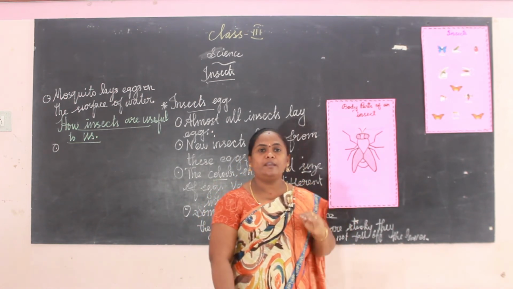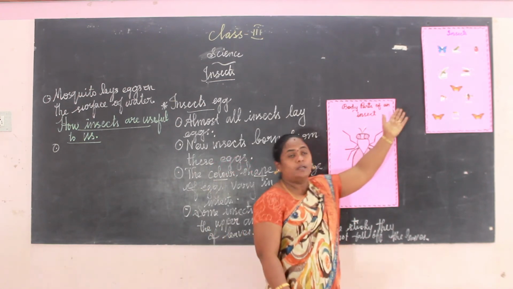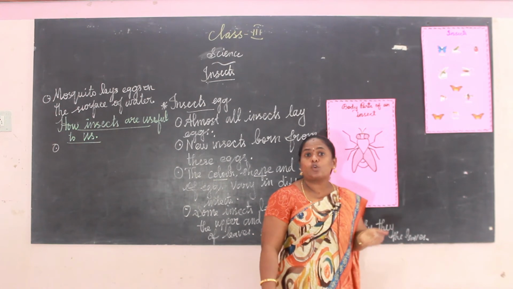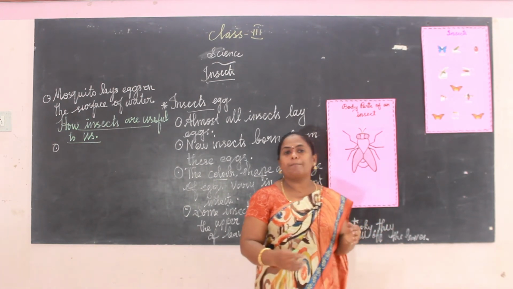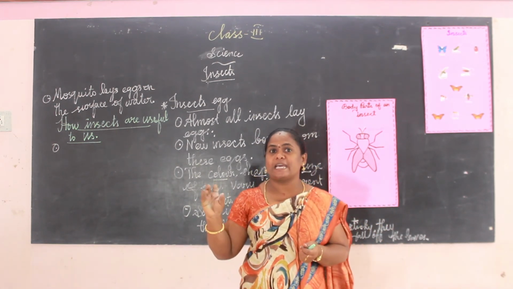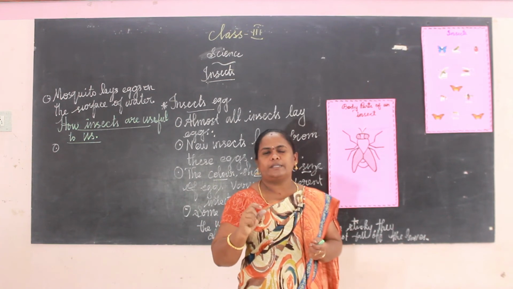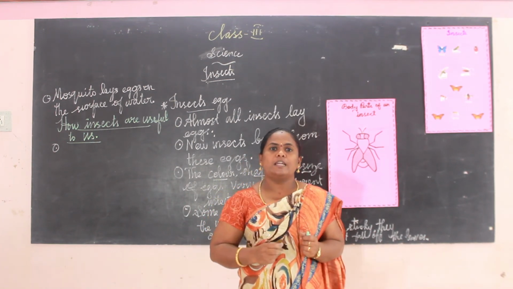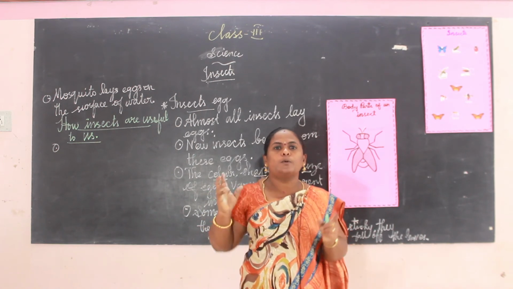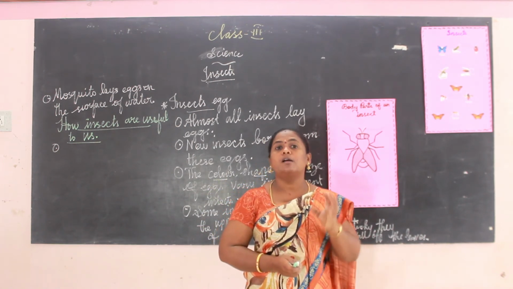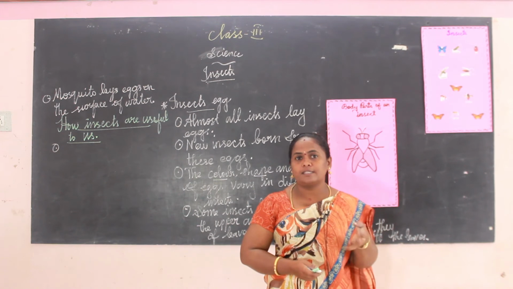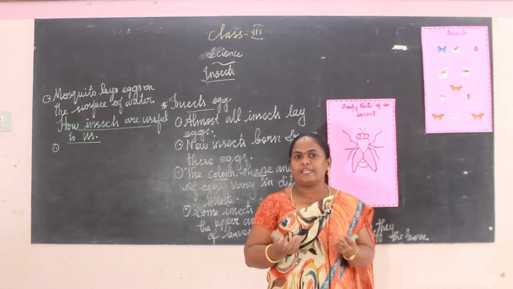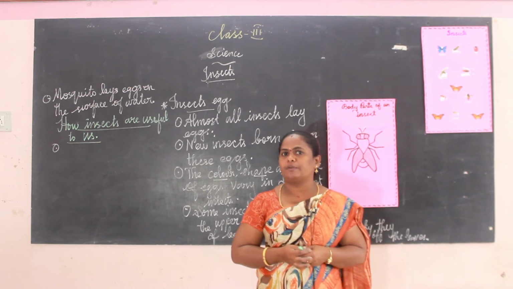Okay, and then the next one is the ladybug. Ladybugs feed on insects that destroy plants. In many plants, caterpillars and some worms keep destroying the leaves, biting and making holes. The ladybugs feed on such insects. So our crops and plants are saved, and we can get good food products.